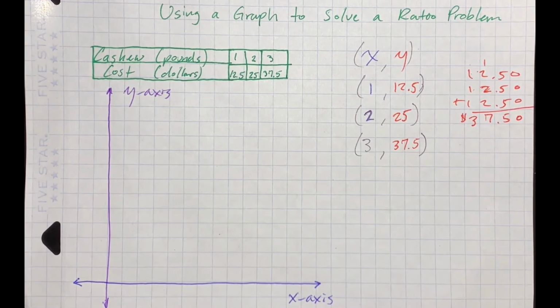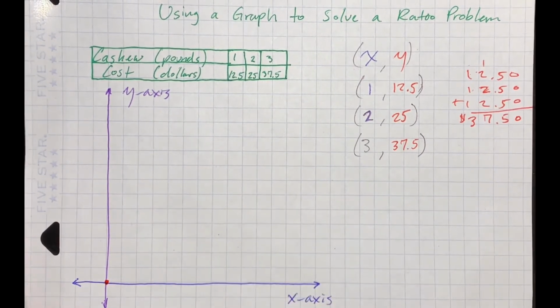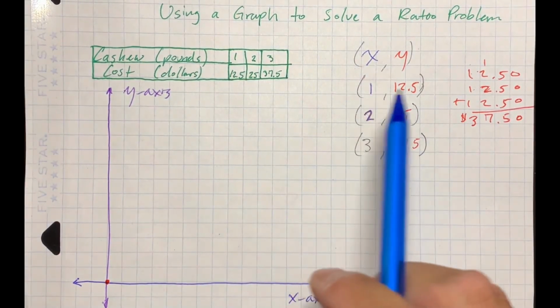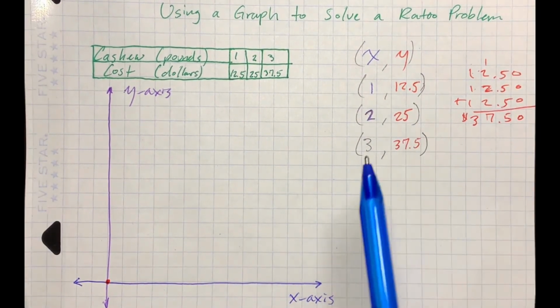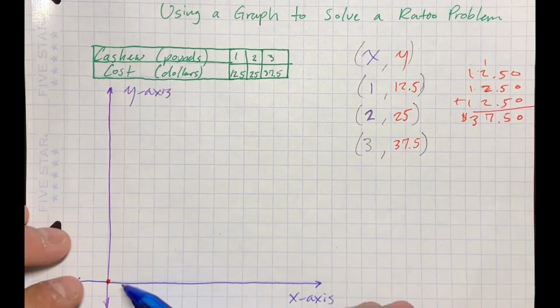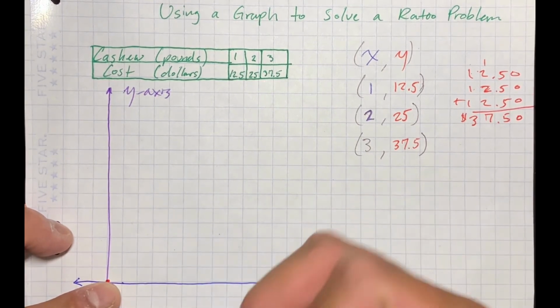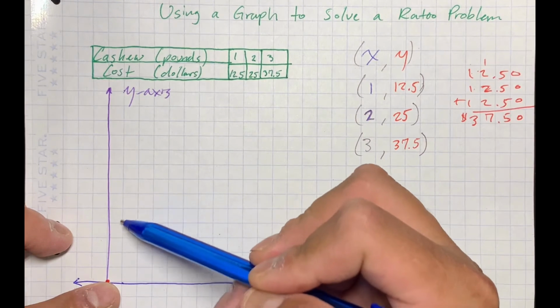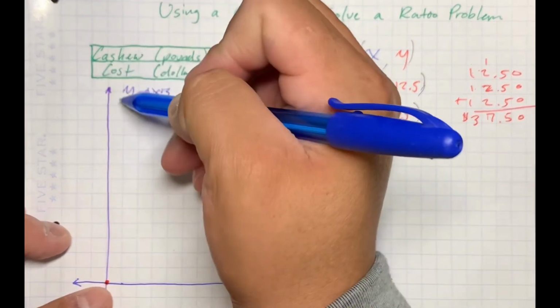So we always start with the x-axis, and you always start from the origin, the beginning. Now, if you look at all these ordered pairs, every one of these coordinates is positive. So we're always going to go to the right and up. Okay, so we're going to go over 1. For 1 pound, it's going to cost us $12.50. So here we go, 1, 2, 3, 4, 5, 6, 7, 8, 9, 10, 11, 12 and a half.